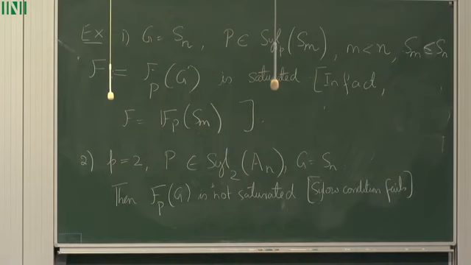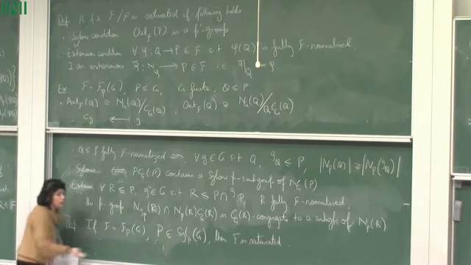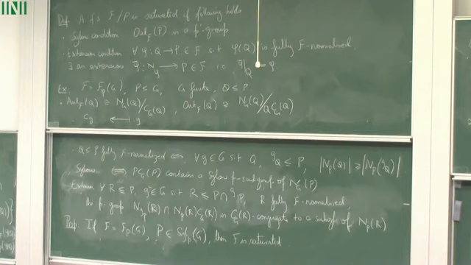Now I just want to make one remark: saturated fusion systems naturally arise from these categories F_P(G). But there are other ways to realize them, and that's partly what makes the theory of fusion systems interesting, that you can find them in other places.